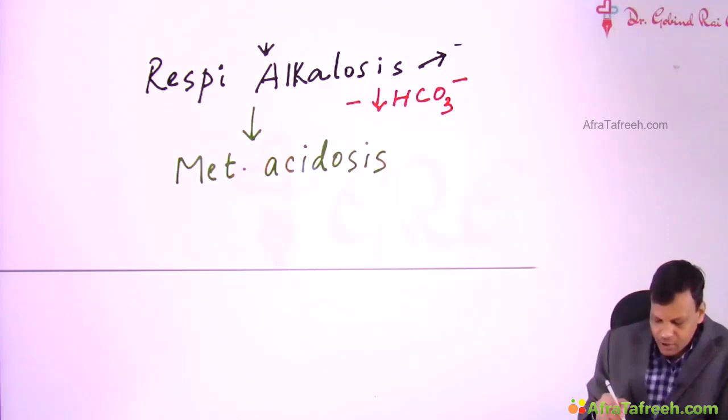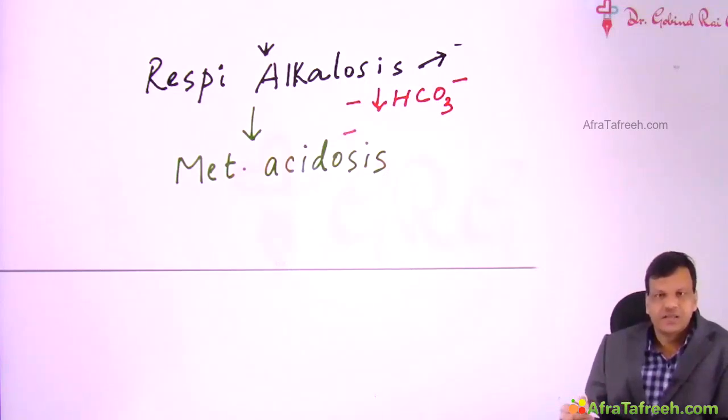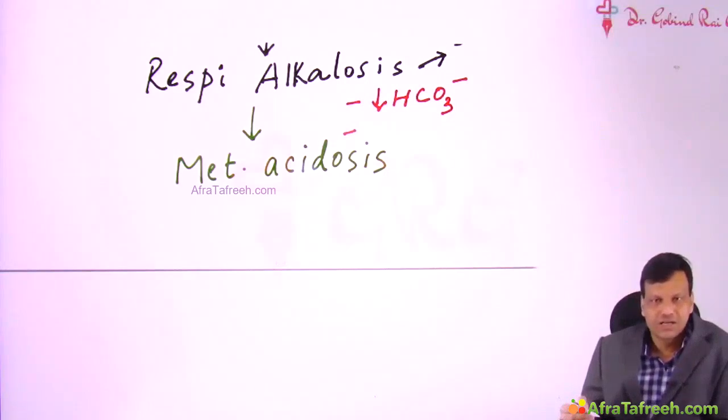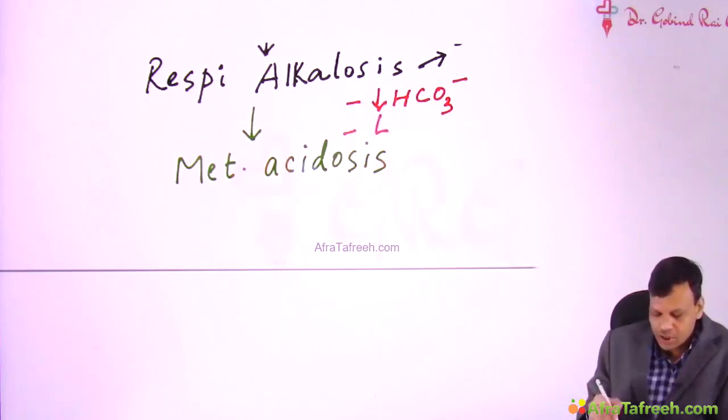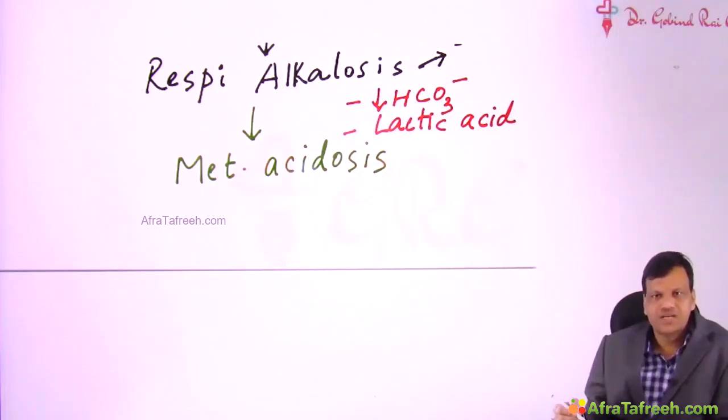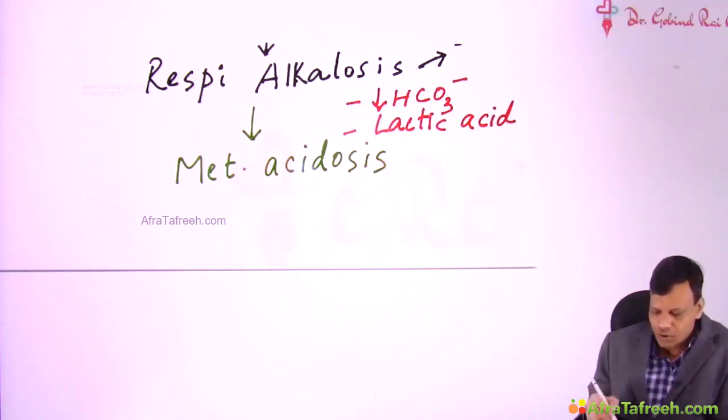Second thing, because of hyperventilation, the person has to take breath strongly. That means the muscles will tire, and when the muscles tire, there is accumulation of lactic acid. So one acid is accumulating, bicarbonate is getting removed, plus we are continuing to give aspirin, which is also an acid, acetyl salicylic acid.